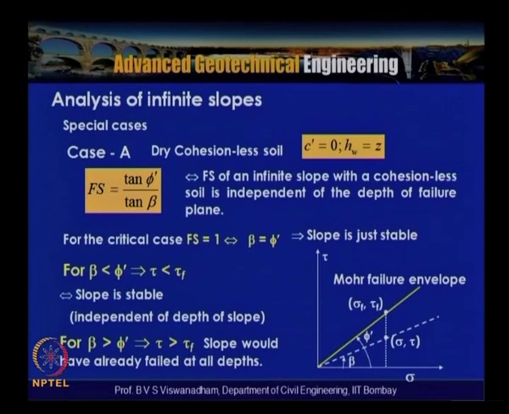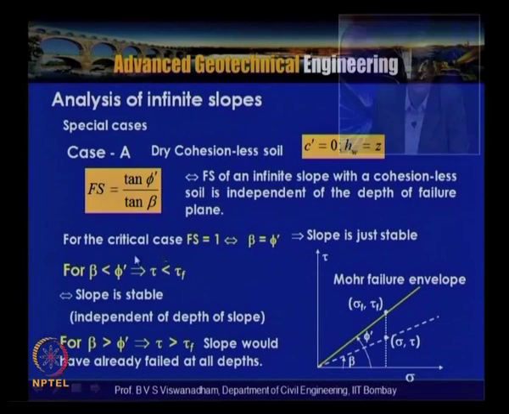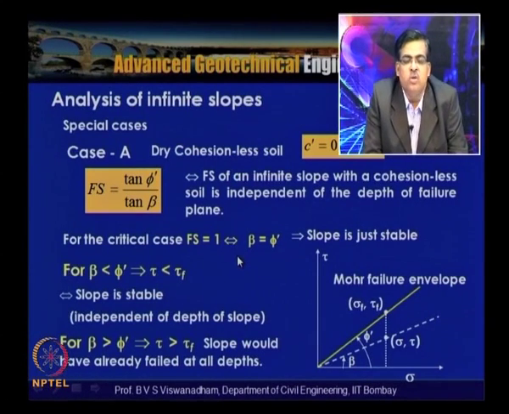This is the factor of safety in an infinite slope with a cohesionless soil, independent of the depth of the failure surface. For the critical case, the factor of safety is equal to 1. That means the slope inclination equals the friction angle, which is also called the angle of repose.